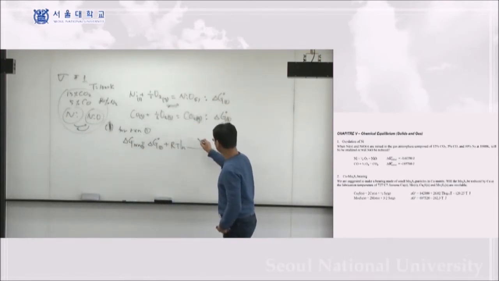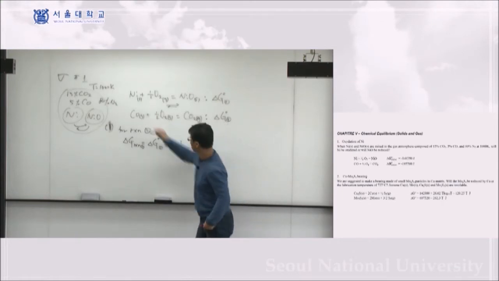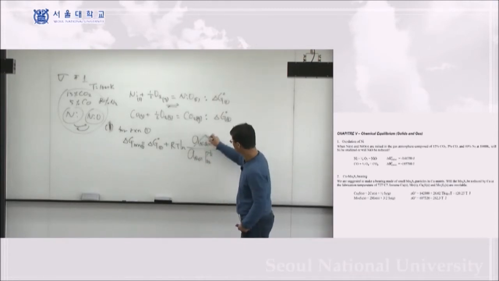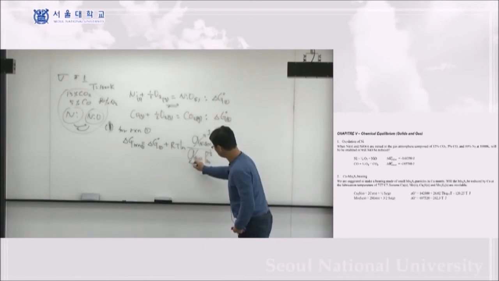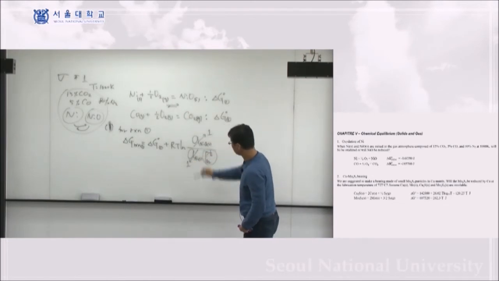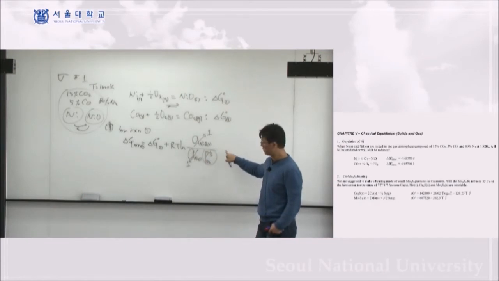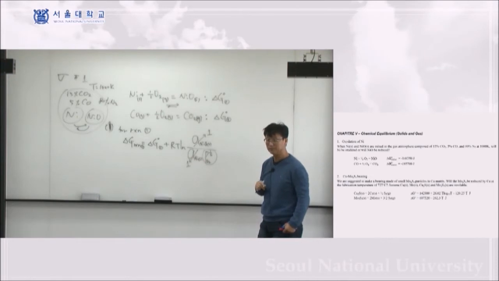So this one, the activity of NiO solid, and this, the activity of nickel solid, and the partial pressure of O2. This is 1, and this is 1. So if I know this value, now I can say whether this entire delta G of reaction is positive or negative. Is that right?